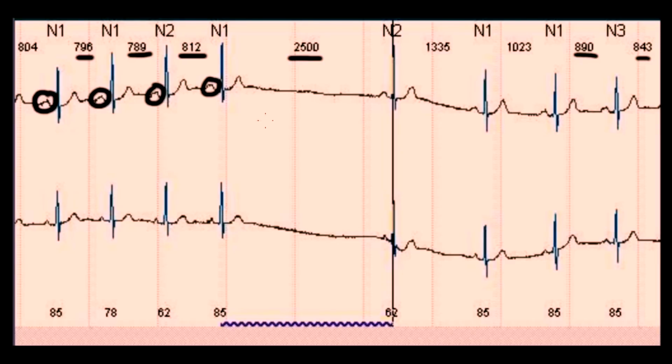You can see here what's missing is an entire P wave. This goes on for a couple of seconds, and there is no escape rhythm. Sometimes you can have an escape rhythm, sometimes you might not. And the escape rhythm could be ventricular, or it could be atrial in this situation. So that is an example of a sinus node block.